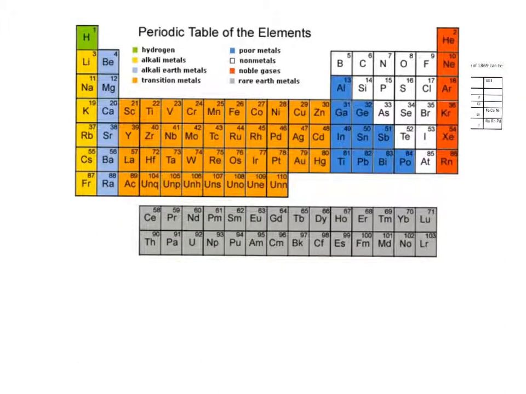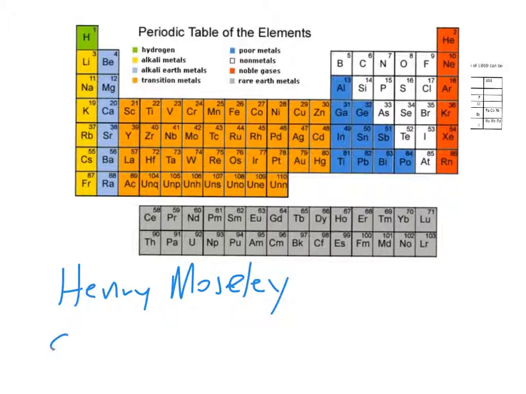Eventually, a man named Henry Moseley came along and arranged the periodic table by atomic number, not by atomic mass.